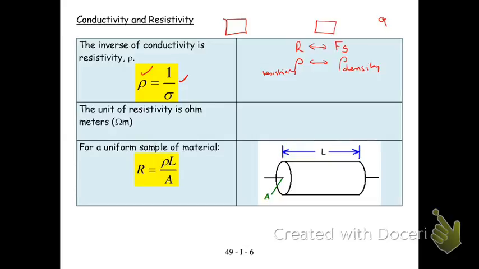For a uniform cylindrical sample, we can say the resistance equals rho L over A. It's the resistivity times the length over the area. Ohm meters multiplied by meters and divided by meters squared gives ohms. So that's a really important equation.